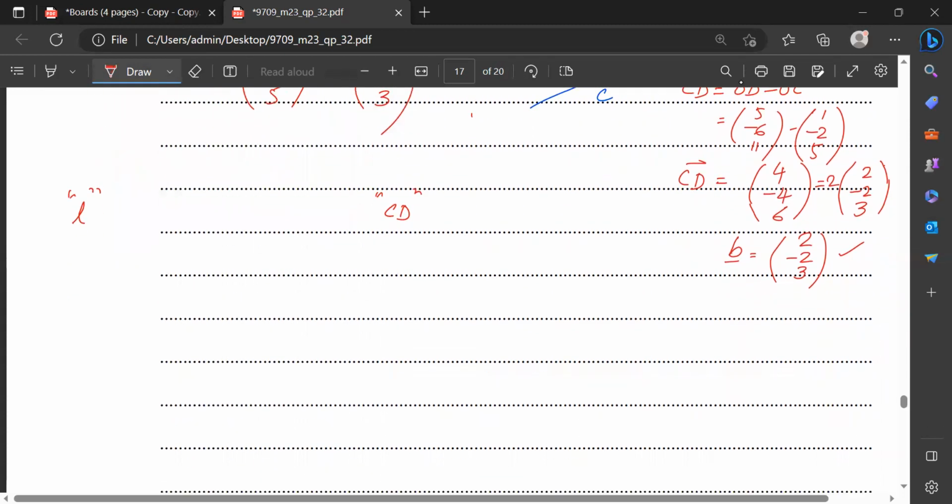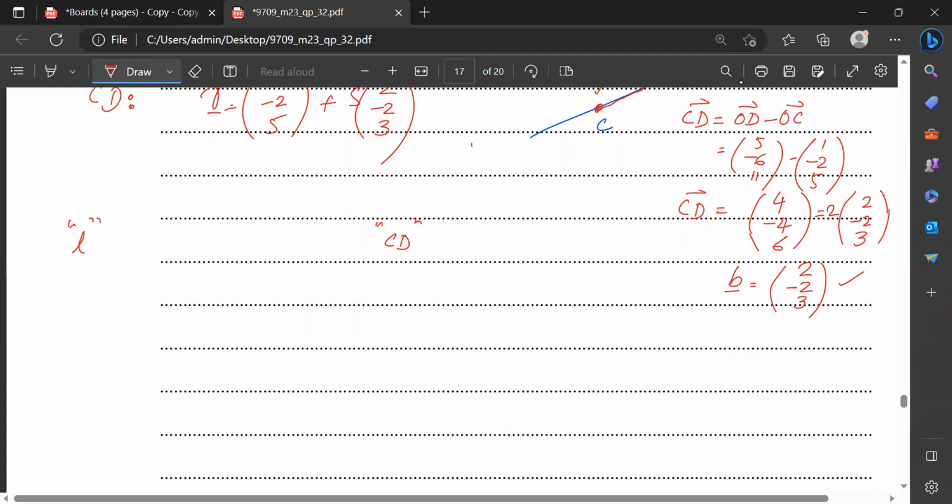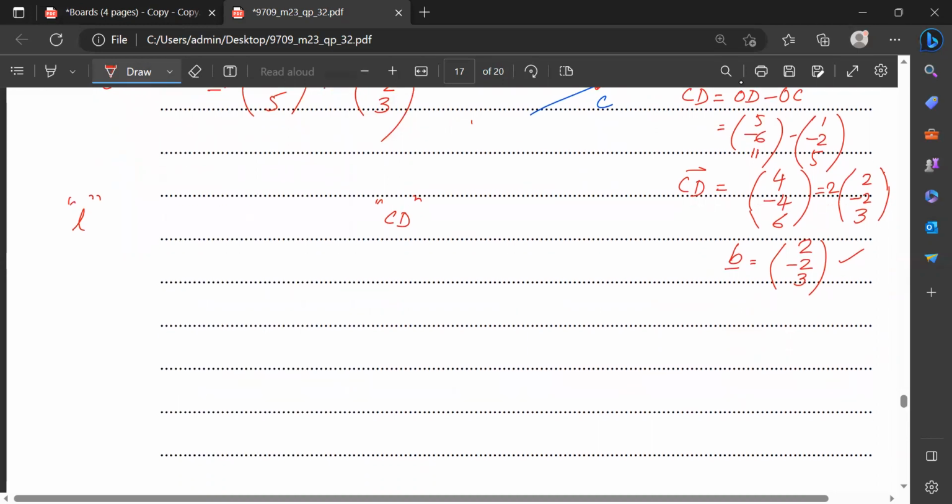So the point of intersection of these two lines is required. As these are the two lines, write them down here.